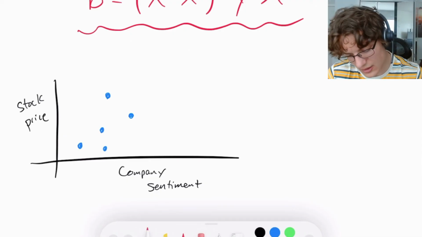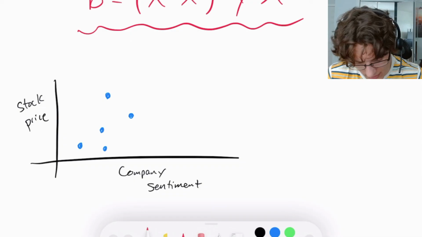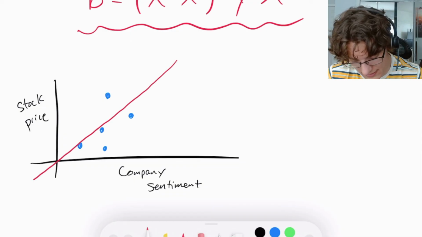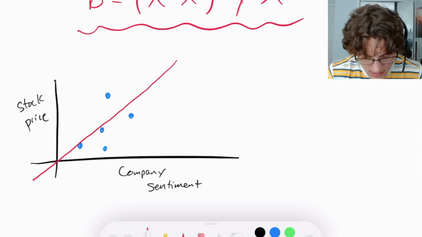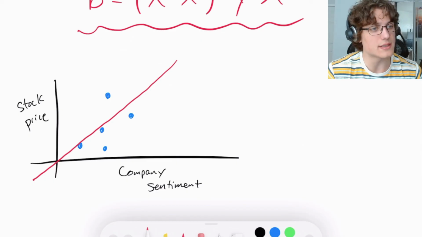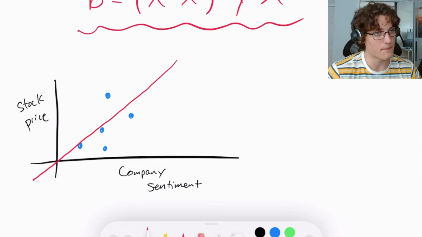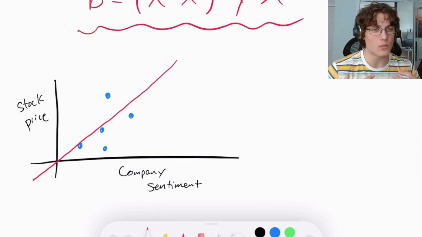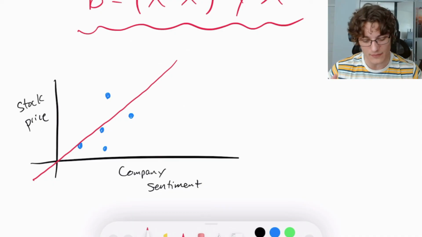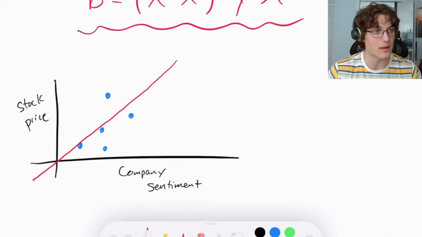And let's go ahead and draw, we'll eyeball it, our line of best fit. Maybe it looks like this, okay? Well, this is our least squares, our linear regression. This is our line of best fit, right? But we're not actually sure what the entirety of the population of this scatter plot looks like, right?